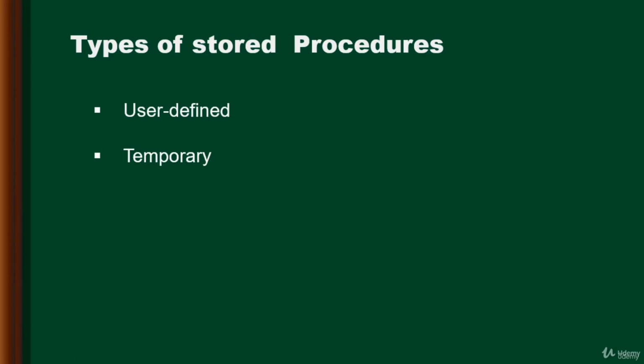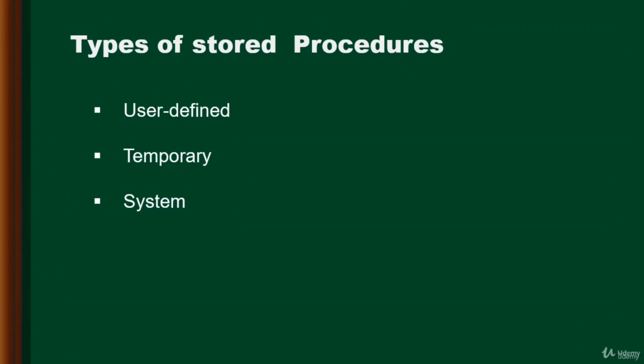We also have a system stored procedure. The system procedures are included with SQL Server, so they are physically stored in the internal or hidden resource database and logically can appear in the system schema of a system and user-defined database.